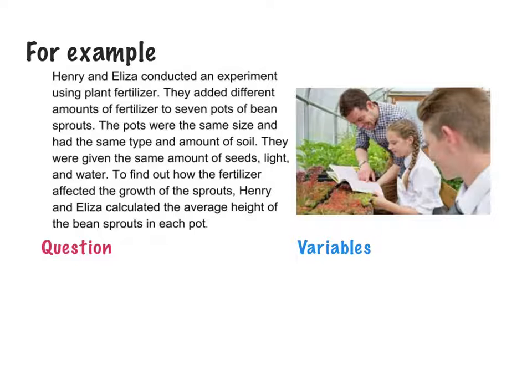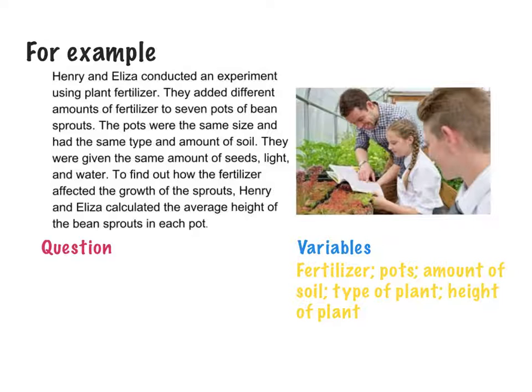Right, here we've got a different experiment. I would like you to come up with the variables on this. So let's have a look and see if you can answer the questions now. Okay, you can see the type of variables we can see are the fertiliser, and we could also talk about the mass of fertiliser.